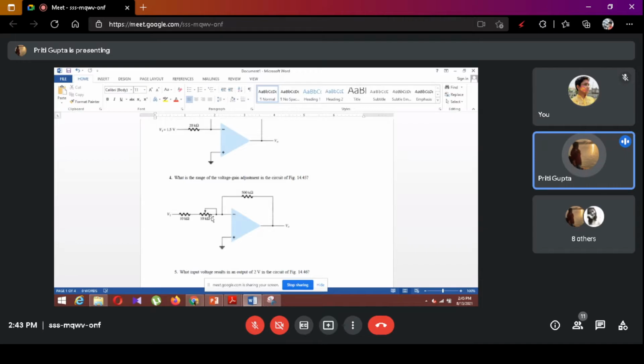They have asked you to find the voltage gain range, so you will get two voltage gains. The rheostat resistance ranges from 0 to 10 kilo ohm. Is the rheostat concept clear? Yes, ma'am.